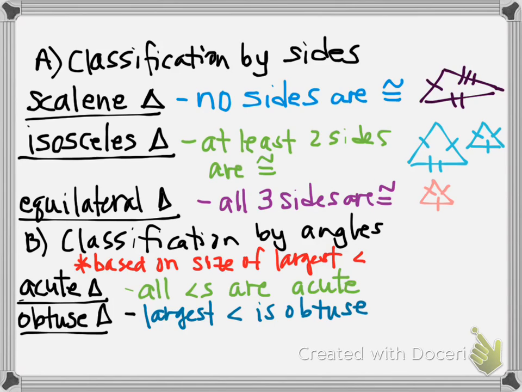If our largest angle is a right angle, then we have a right triangle. So, and how many right angles could you have in a right triangle? One.